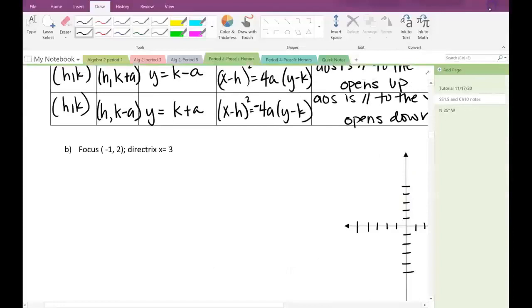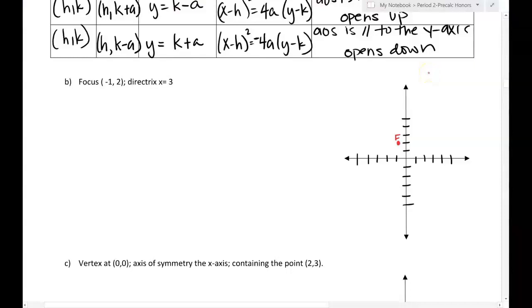All right. Let's plot. Ready? Focus is -1, and then up 2. I'm going to use F for focus, so I know what it is. Then the directrix is x equals 3. 1, 2, 3. So here is the directrix.